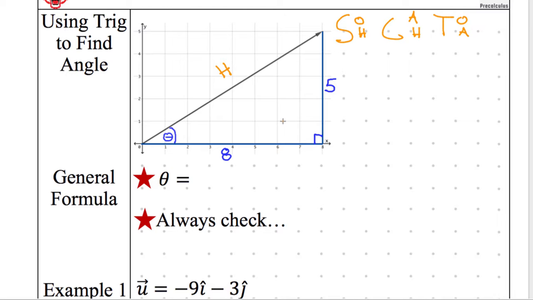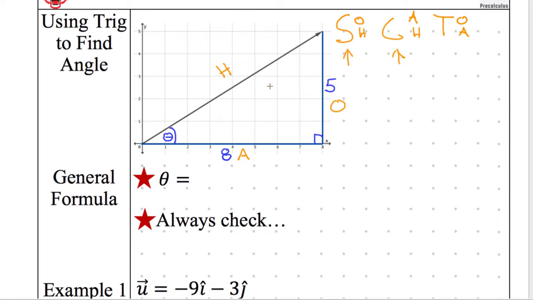Rochelle, which one is adjacent, 8 or the 5? It is 8, because adjacent means right next to me, my adjacent neighbor. So it's like your next door neighbor. Adjacent, what's right next to your theta? Well, 5 is way far away. It's on the opposite side, which is where opposite comes from. So that's our O. So I need to figure out which of these 3 letters, S, C, or T, to use, where I always use the 5 and the 8.